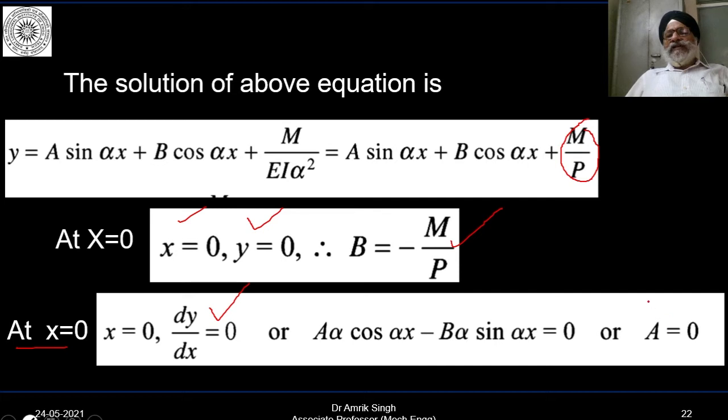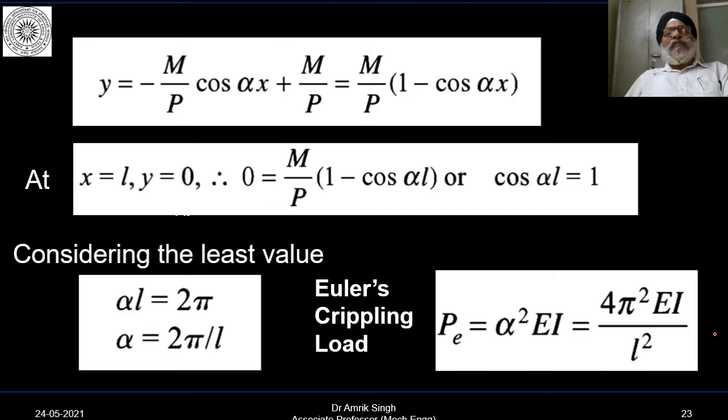So from here we will get the second constant, that is A is equal to 0. Now if we put the value here, we will get y is equal to minus M upon P cos alpha x plus M upon P. So we will get this equation.